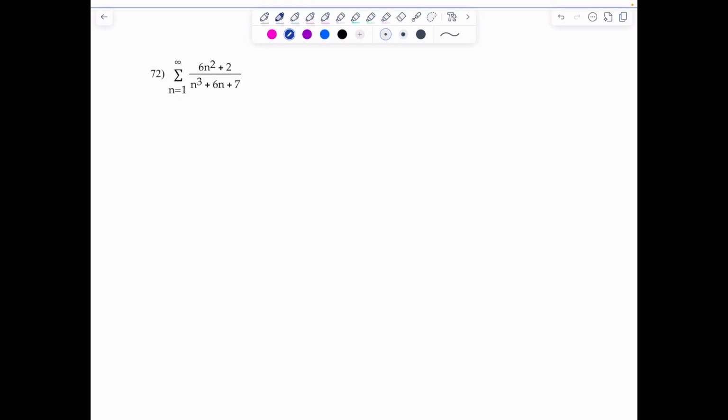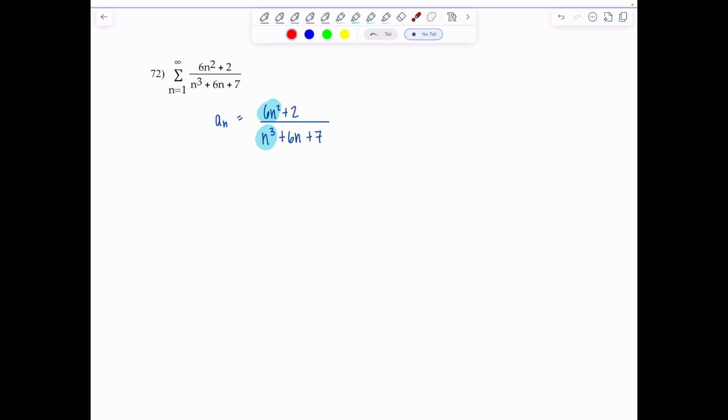But look, this time, we have 6n squared, that's the highest term in the numerator, and then n cubed, that's the highest term in the denominator. If the denominator is a higher degree than the numerator, then the terms are going to go to 0. So what does that tell me? Nothing. Remember, test for divergence only gives us info when the terms don't go to 0. All right, so we can't use it, so we have to pick a different test.